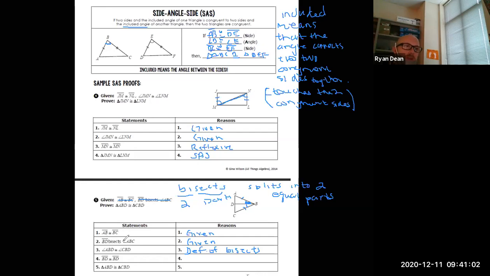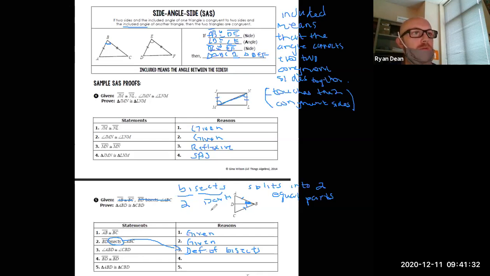In this case, bisects is listed before we do our definition. So in line 2, we have our key term, and then the reason for line 3 is always going to be this definition. The line after your key term is going to be the definition of that word. Just a little piece of advice for you.